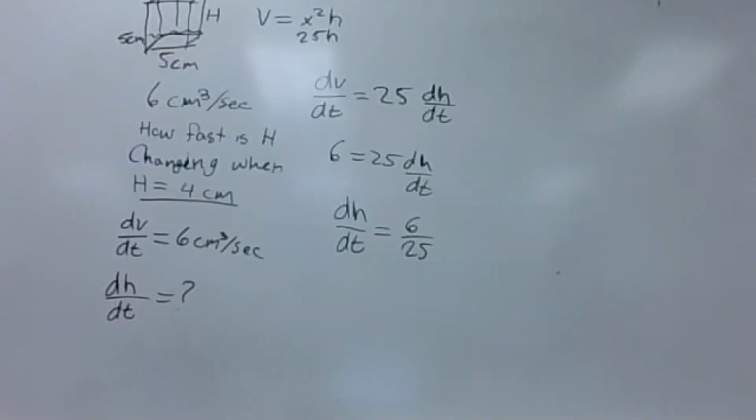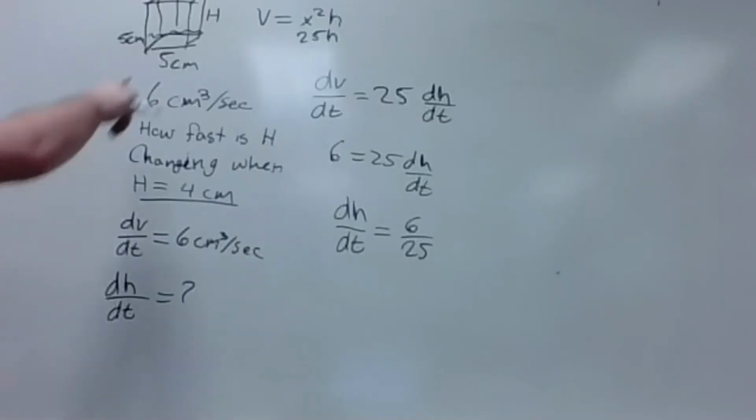And that's how fast our height is changing at a given value. It's kind of interesting. Did our height matter at all? Do we have to use that number anywhere in our equation? No. Why do you think that is? I have no idea. Well, if we look back at our cube, no matter how high we are, it's filling at the same rate.